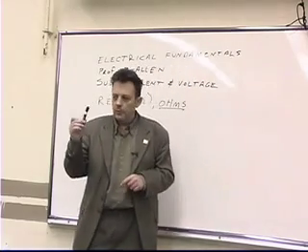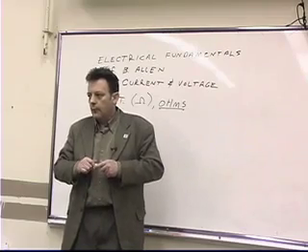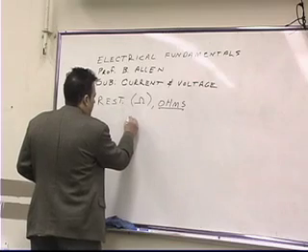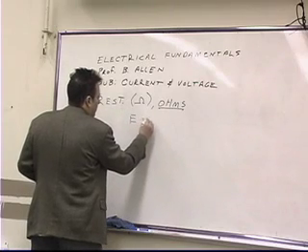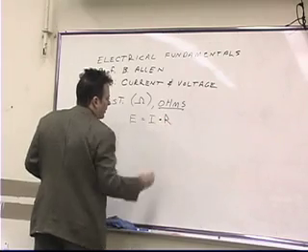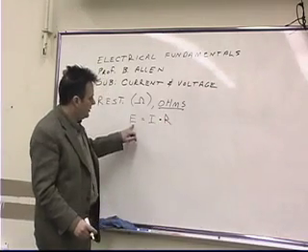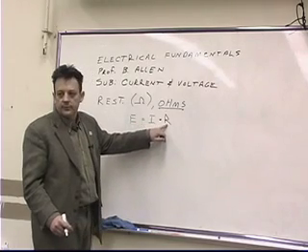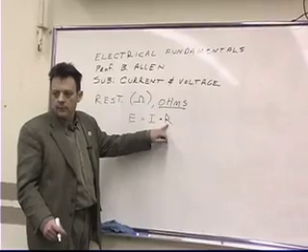The most popular formula from Ohm's law is the formula that says E equals I multiplied by R. Voltage is equal to current times resistance. Okay?